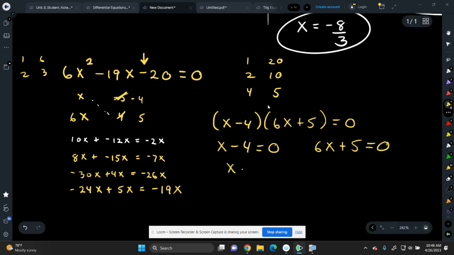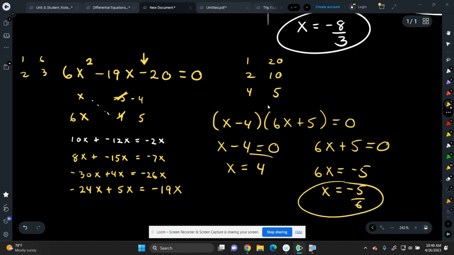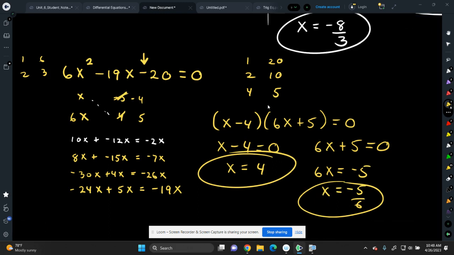So we're going to add 4, so we get x equals 4. Here we're going to subtract 5, so we get 6x equals negative 5, and then divide by 6. x equals negative 5 over 6. Okay? And try one on your own before we do our quiz.